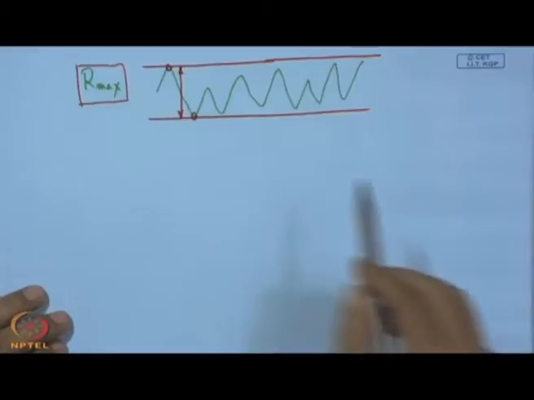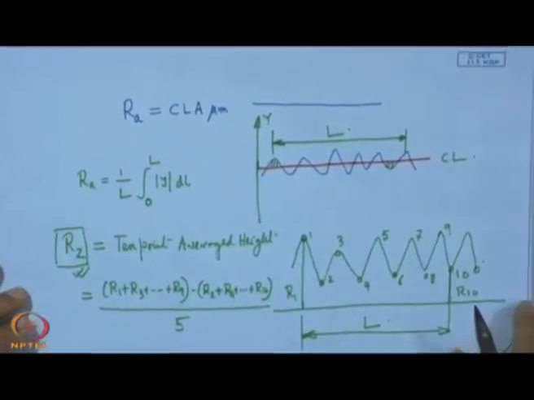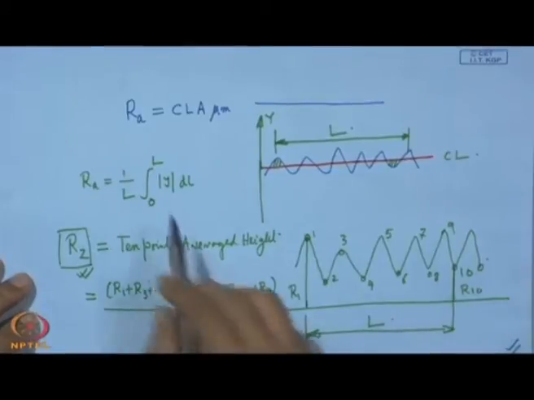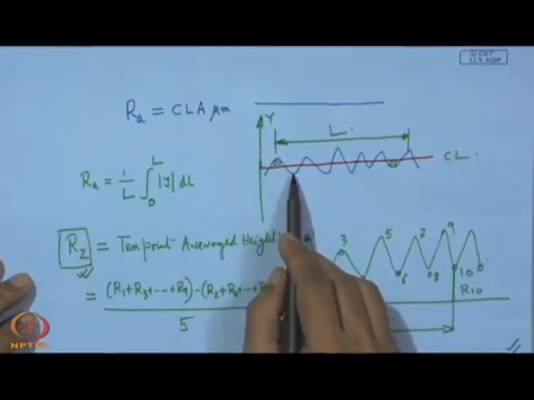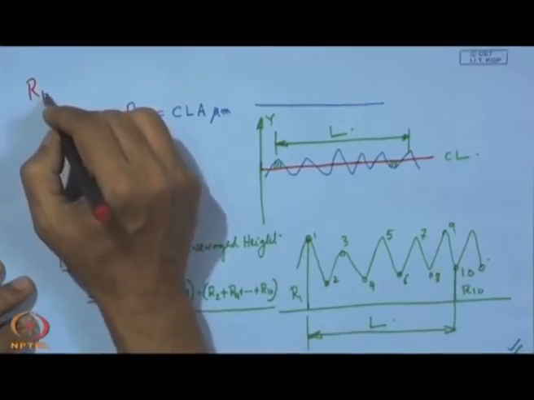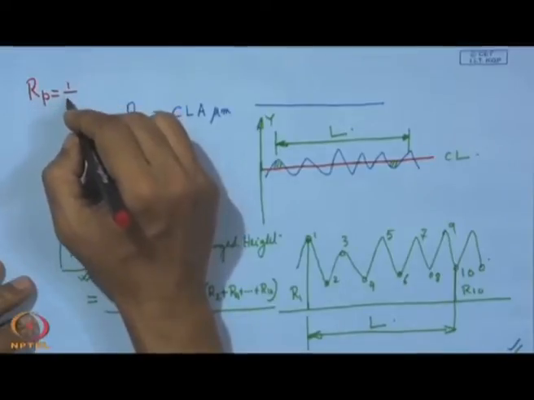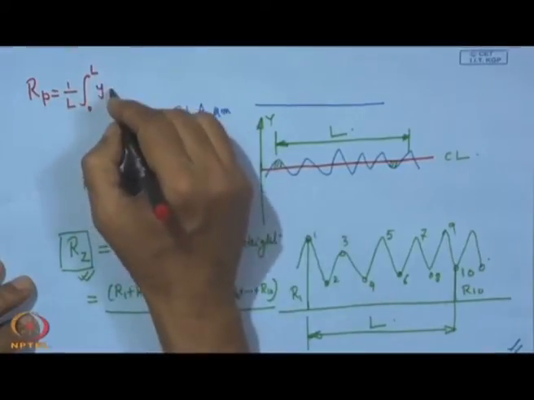That means, for characterization of a surface, we have to define all these: R A, R Z and R max. Sometimes it is also interesting to define, instead of the CLA value considering both plus and minus, what we call R P, that is given by 1 upon L, integral from 0 to L of y dL.